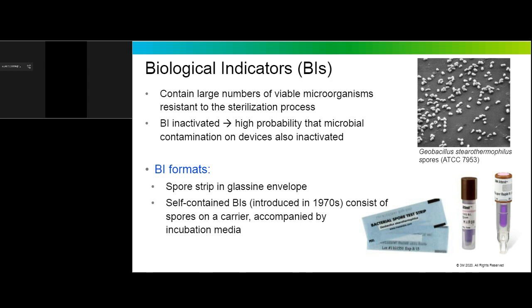In this format, which was introduced way back in the 1970s, you've got your spore carrier, where the spores are coated onto a paper strip or some sort of plastic carrier, and right along with that is a vial of growth media designed to support growth of that particular organism. It's all contained in an outer vial, making it easy to incubate right in the clinic. You don't need to send it out to a microlab for incubation. So biological indicators are the only monitoring tool that demonstrates the lethality of the sterilization process.